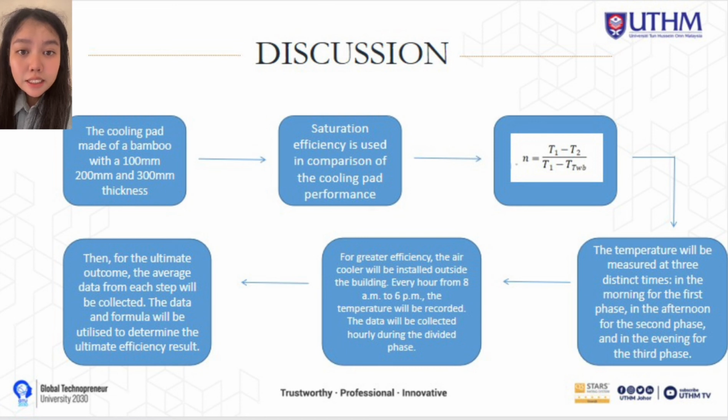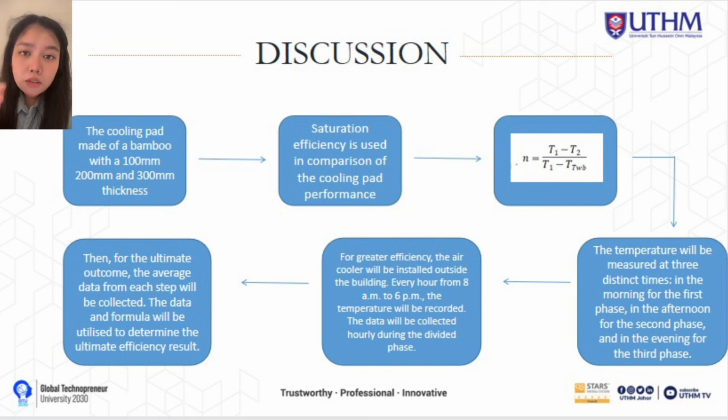Next, let the experiment run for 15 minutes, and then the variable factors are measured as follows: the temperature at the entrance, which is the primary air, and at the exit, which is the supply air. In the same way, the experiment is repeated by changing the thickness of the cooling pad to 200 mm and 300 mm respectively.